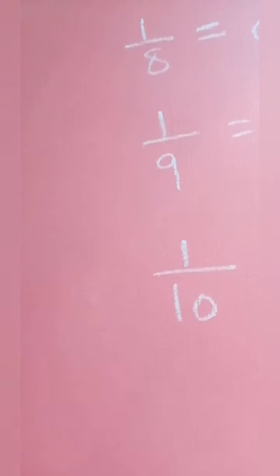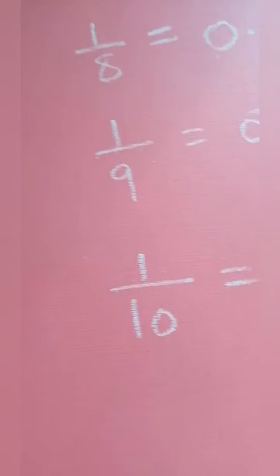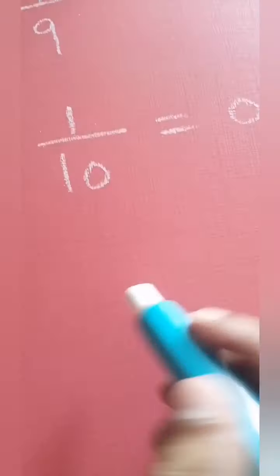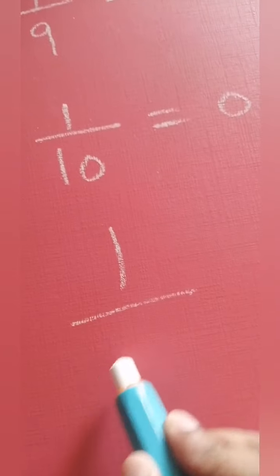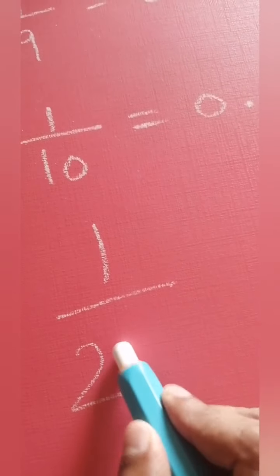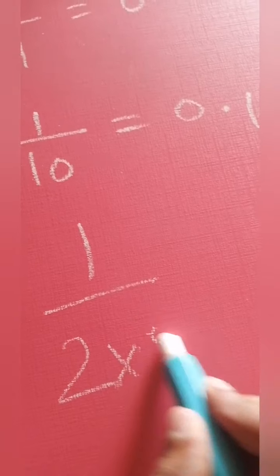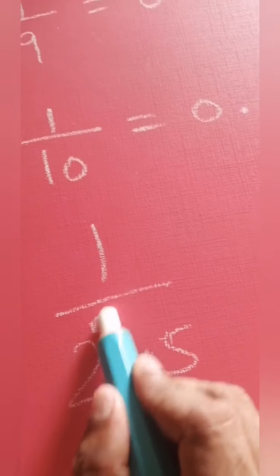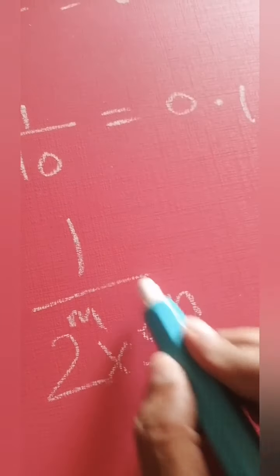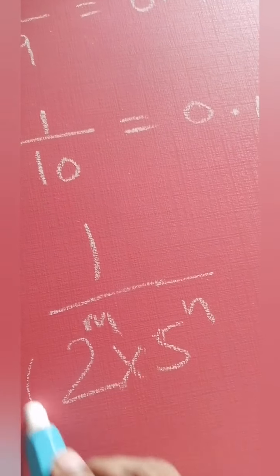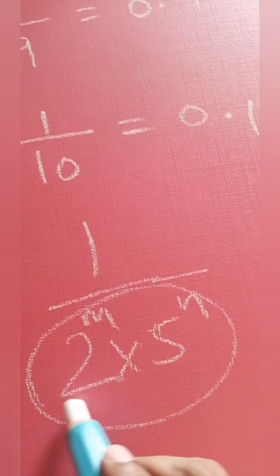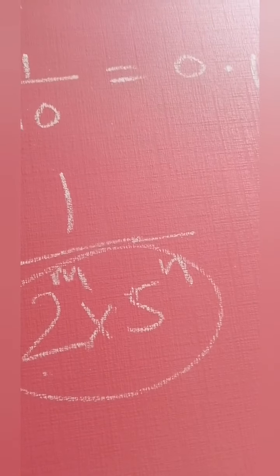From this we conclude that when a fraction has denominator with 2 or 5 as prime factors, if the denominator is 2 or 5 or a few 2's or few 5's, so if the denominator is in 2 to the power m into 5 to the power n form, its decimal expansion will be terminating, otherwise non-terminating.